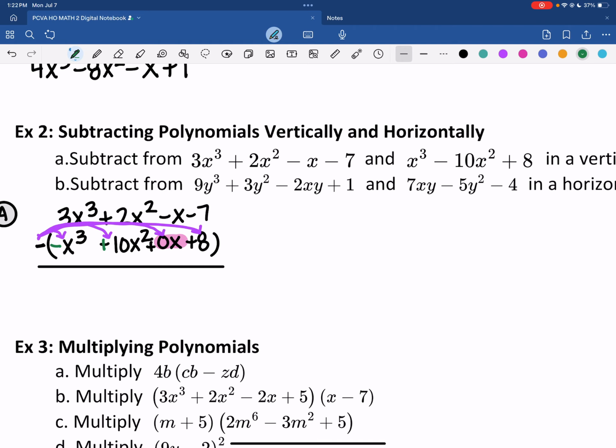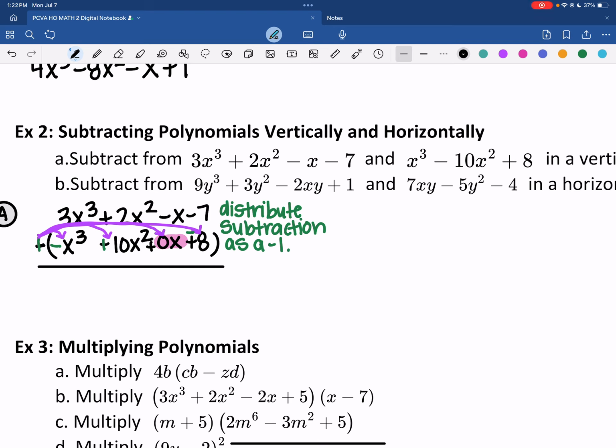Obviously the 0 is not going to matter, but then this is going to become negative x, and then that's going to turn into plus. So right here, I'm just going to write distribute subtraction as a negative 1. Okay, and then just go column by column.